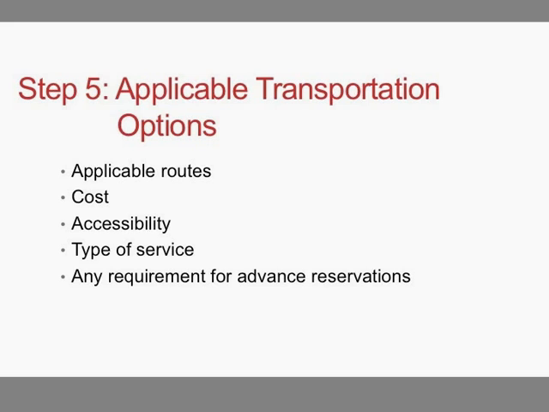Relevant details should be recorded on the worksheet, such as the applicable routes, cost, accessibility, type of service, whether it's fixed route, regularly scheduled service, or demand response service. Any requirement for advance reservations. In completing this worksheet, be sure to refer to the inventory of transportation services you will develop in Module 3.